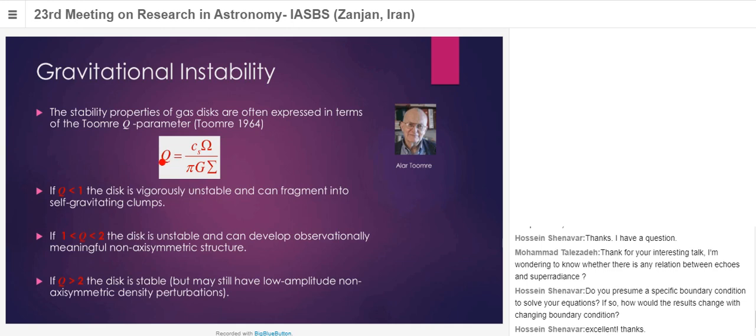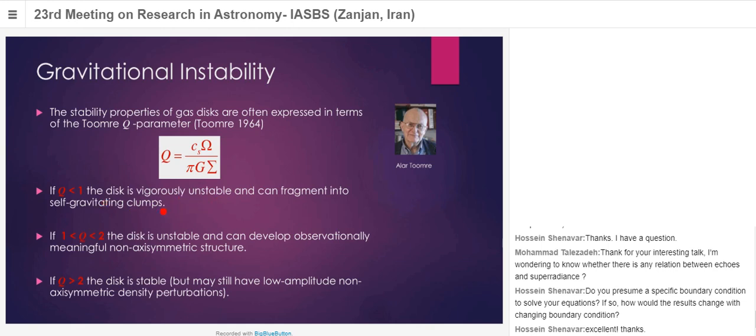And you can see why Q would need to be small for instability, because the terms associated with gravity are in the denominator, and the terms that oppose gravity are in the numerator. This is the sound speed, which is associated with thermal pressure, and the rotation rate locally. So the linear analysis says Q less than 1 leads to instability, and that's indeed what the nonlinear simulations show. You get self-gravitating clumps emerging in the disk when Q is less than 1.